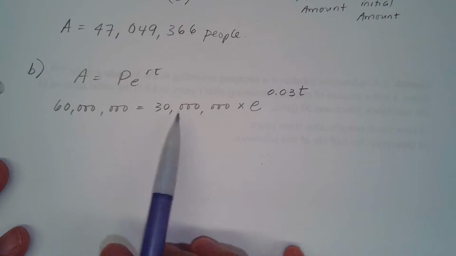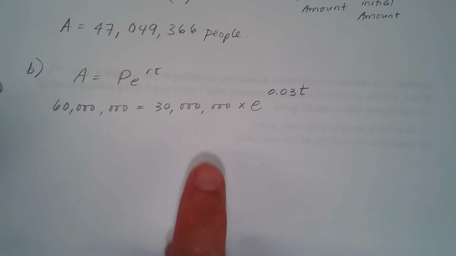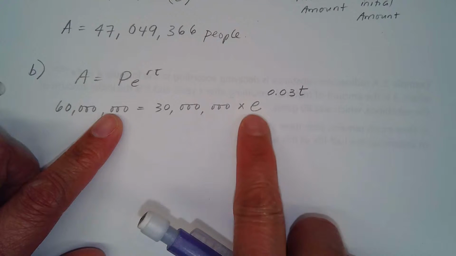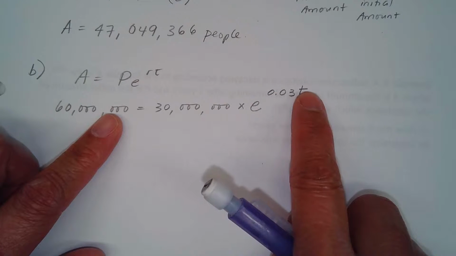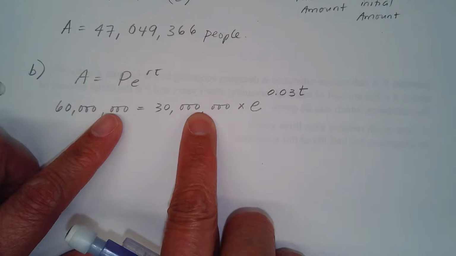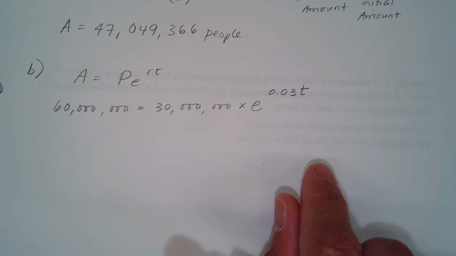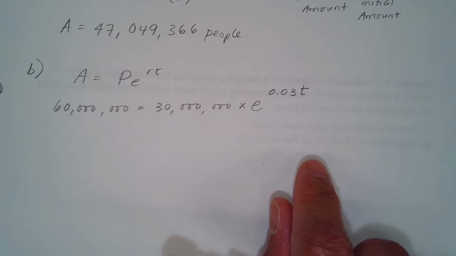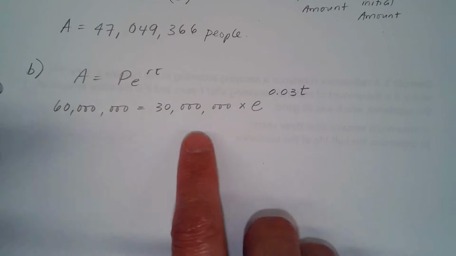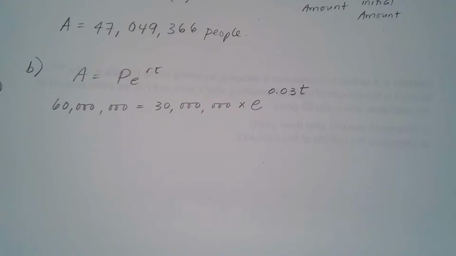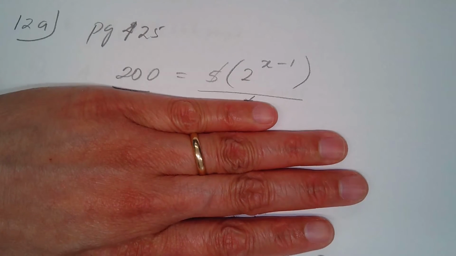So what we're going to do is, well, the E is the base for this exponent, right? And this 30 million is just multiplied with that. So what we could do, it's a possibility, is divide by 30. Remember this question earlier?